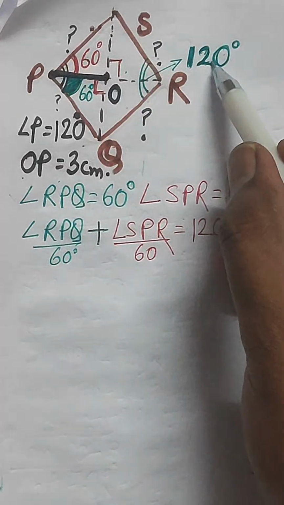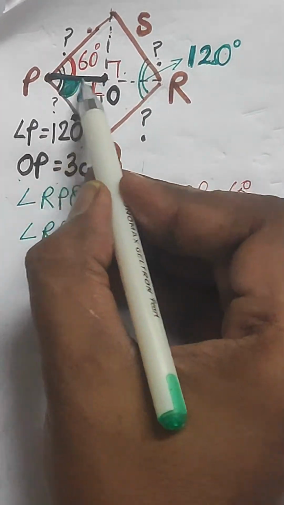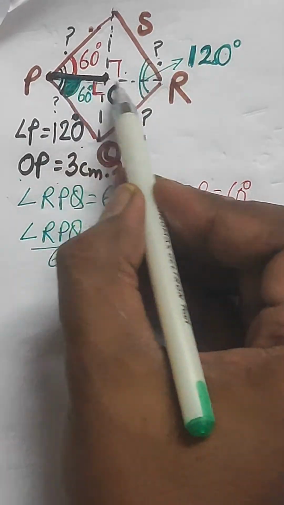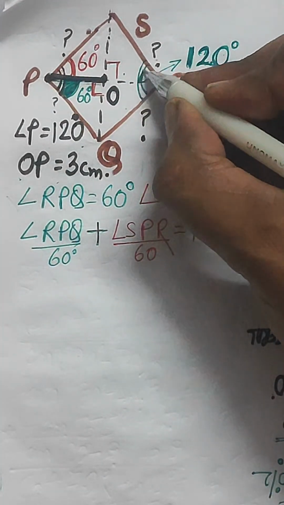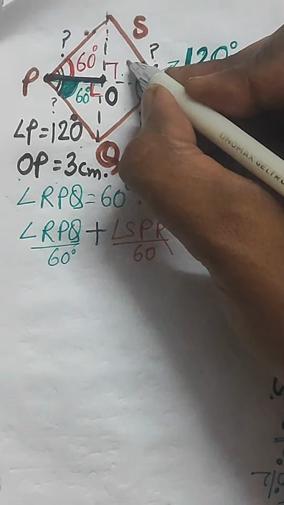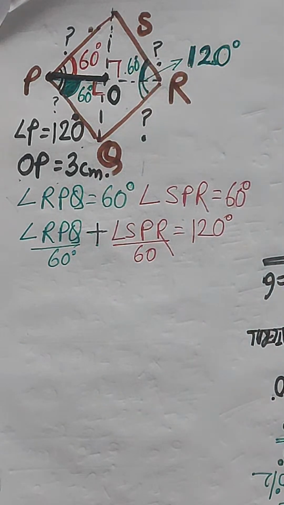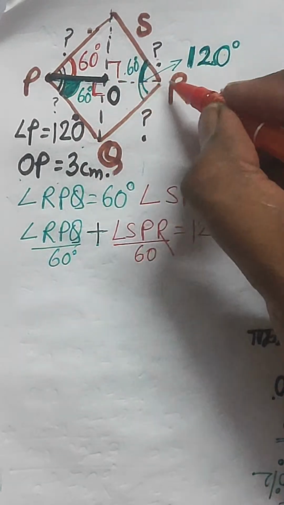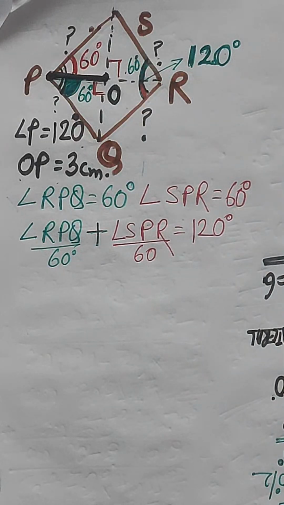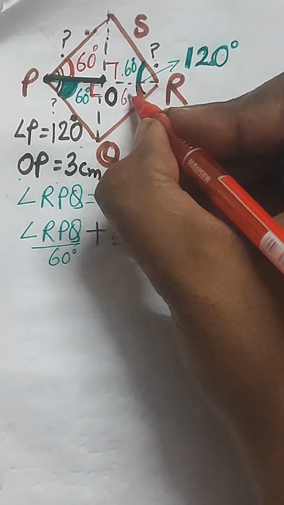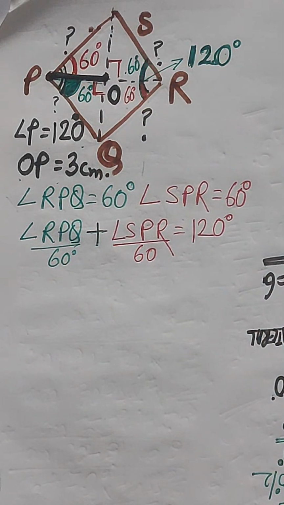If angle R is 120 degrees, then this diagonal PR will divide this angle into two equal parts, this one of 60 and the lower one, angle ORQ, also of 60. I hope it is visible to you.